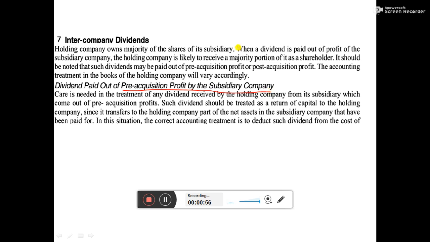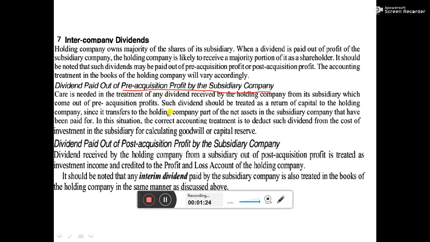The effect is on the date of acquisition, in the calculation of goodwill or capital reserve. That time this dividend will be deducted. Only whenever dividend is issued out of pre-acquisition profit will this be the effect, and there will be no effect on profit and loss account.